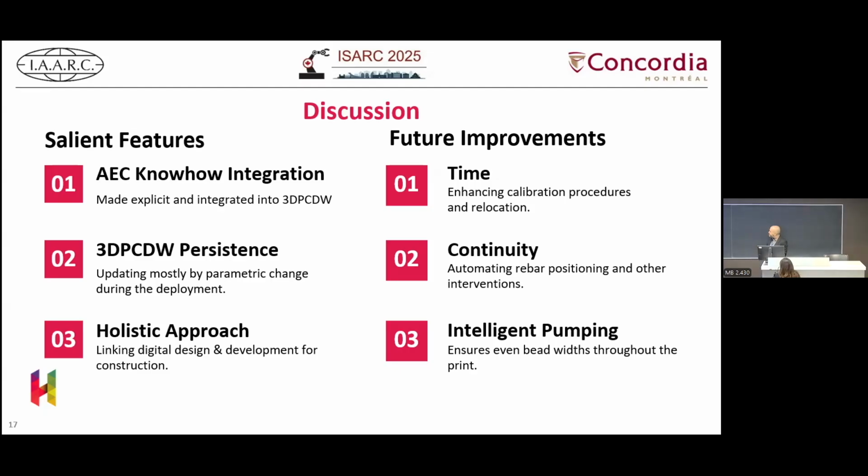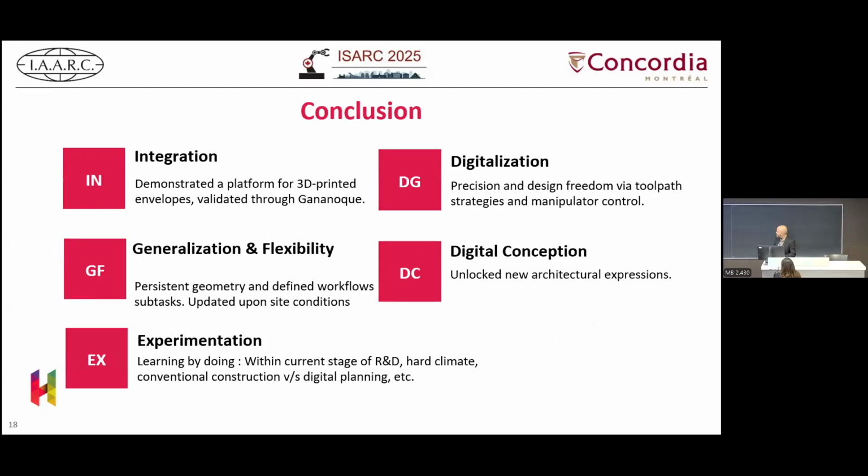We just changed things during the execution by parametric change. We didn't need to make structural changes, etc. We went holistic, from the plans to the actual execution, and we have room for a lot of improvements. We are already doing it with our next project, which is a 3-story building.